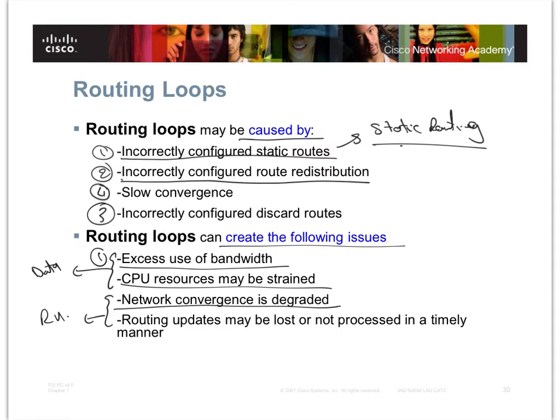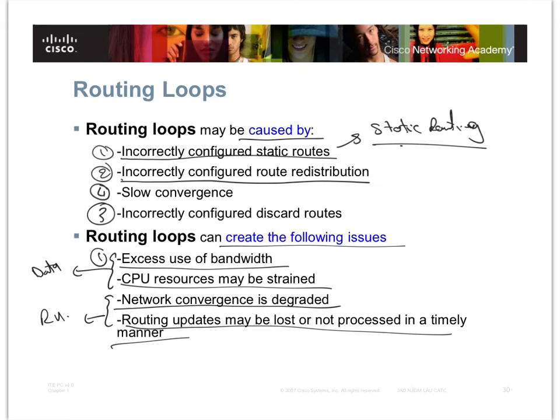If packets are being sent on the link incorrectly, this will affect the core functionality of the routing information, which means that the routing information will get delayed, which will affect the convergence, or the routing information may get dropped or lost, in which case this will also affect the convergence. So routing loops are in fact expensive and they have an enormous effect on the network.